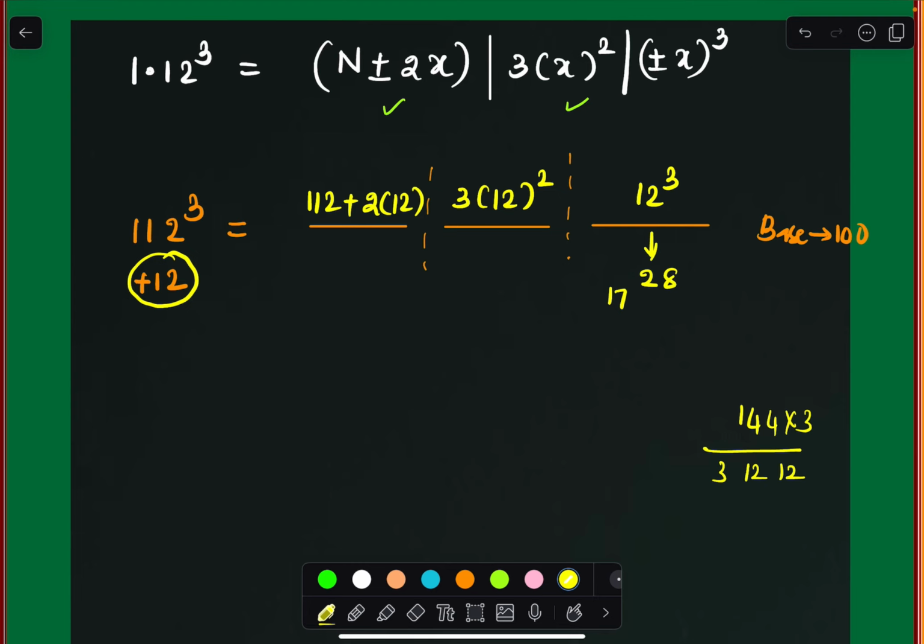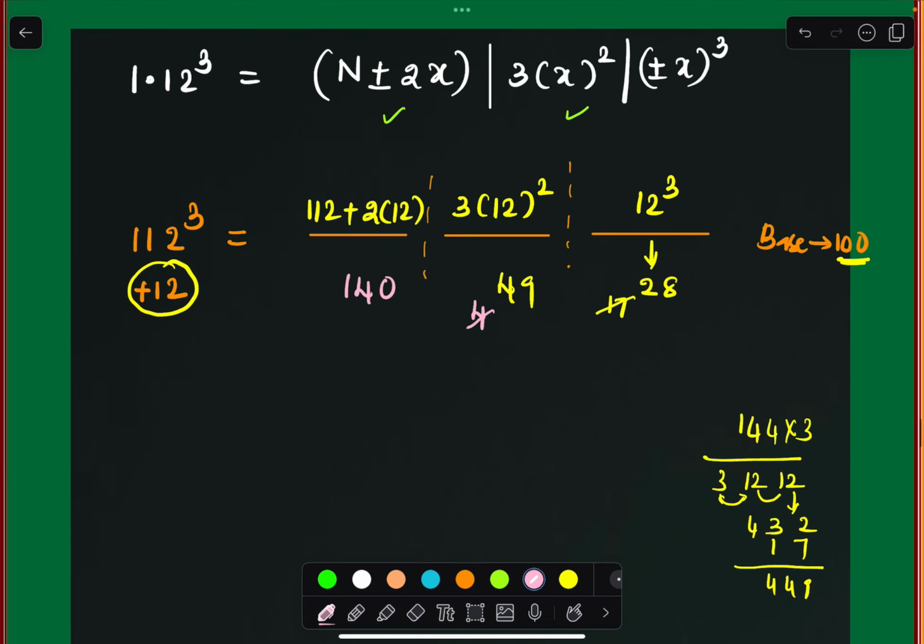We get 432, plus 17, we get 449. I'm writing here 49, right? Why 49? Here base is 100, every place we have to fill 2 digits compulsorily, and the remaining we carry forward. 4 is the carry, right? And here 112 plus 24 will get 136, plus 4, 140.